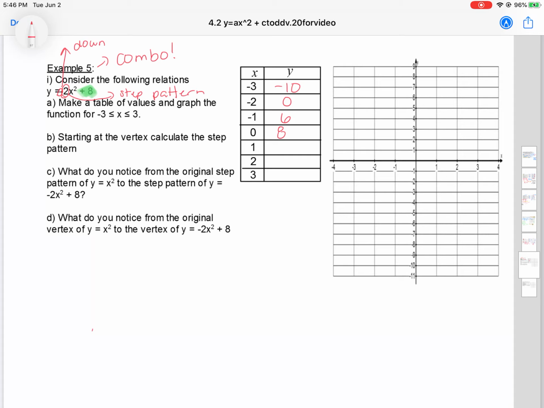And then we're going to see the symmetry. 1 squared is 1 times negative 2 makes positive 6, 0, and negative 10. So let's plot the points.